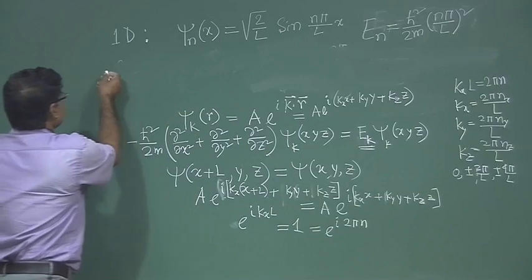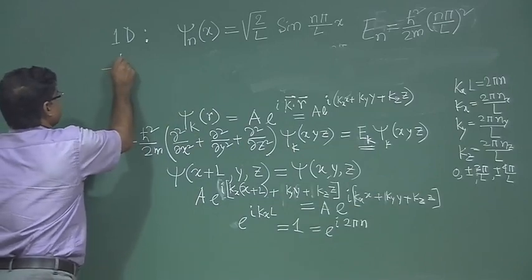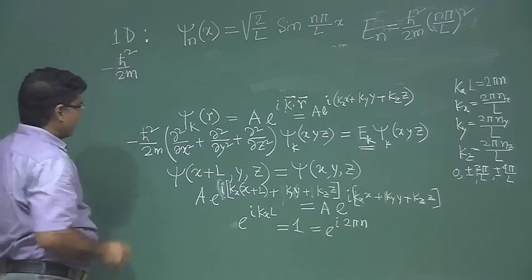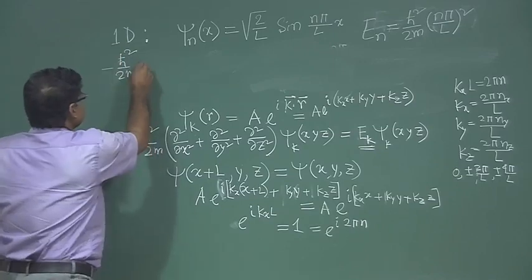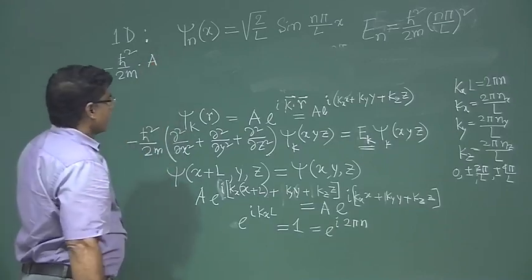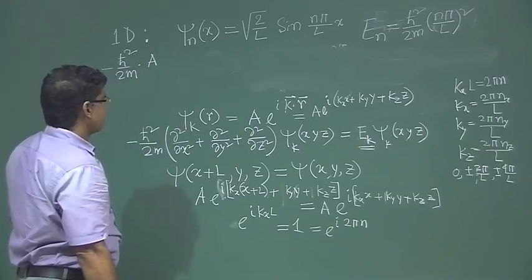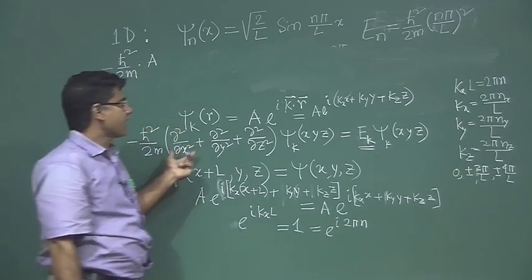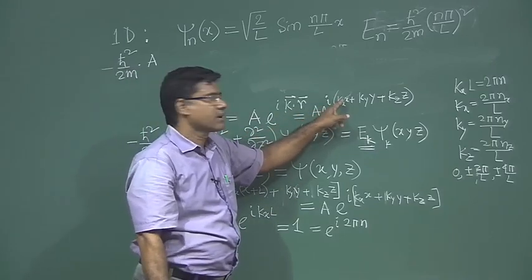So, you just put this on here. What will I get? I will get minus h cross square by 2m, then del 2 del x square. So, it will act only on this, right.